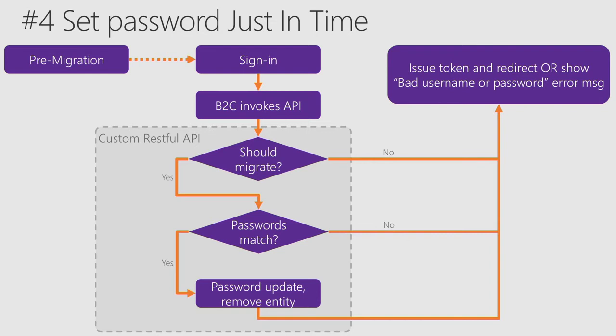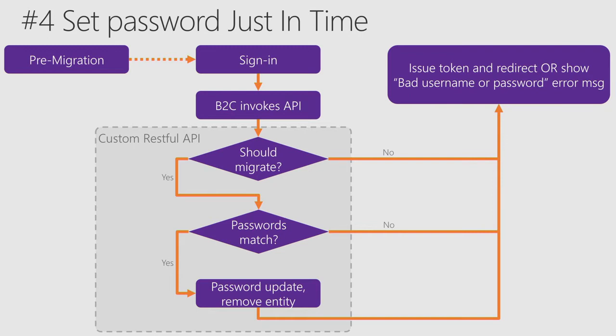Yep, good. The user types their credentials, email address and password. So B2C invokes a REST API that we prepared, sending two important claims: the sign-in names, and the second one is the password.